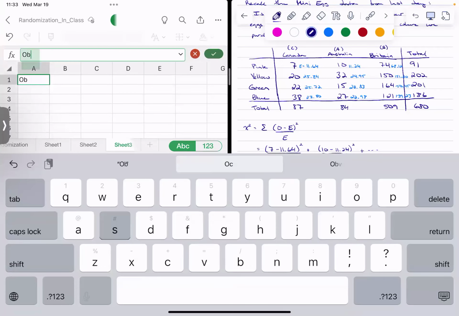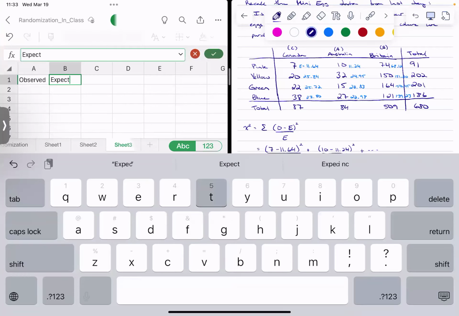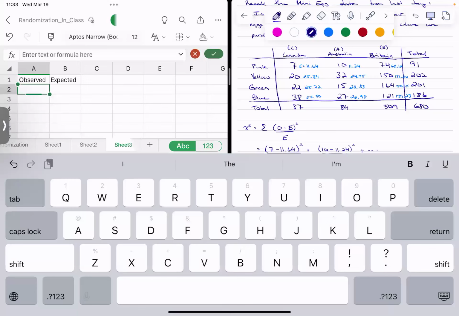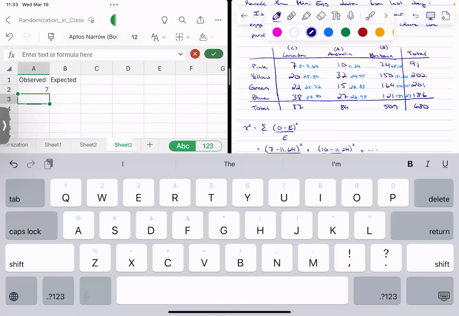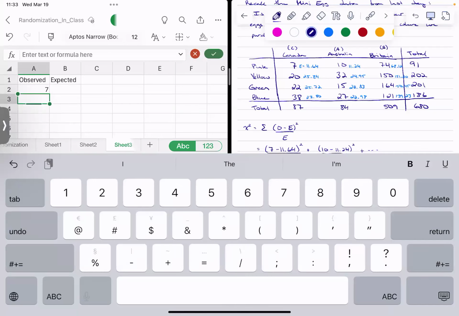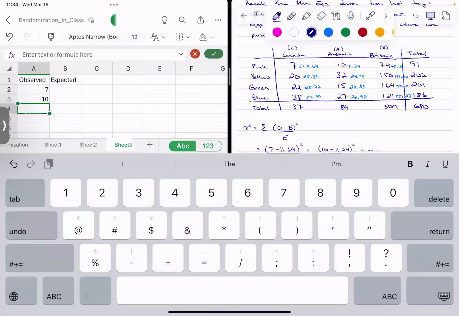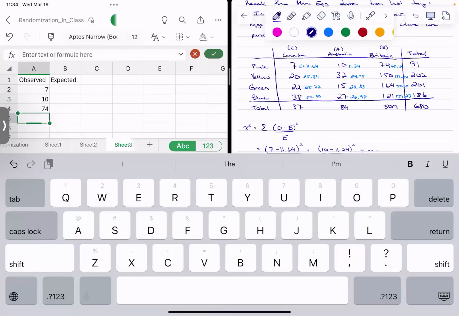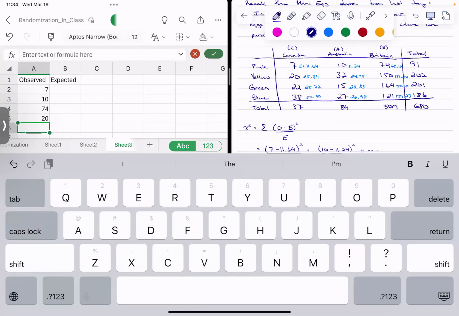This is going to be my observed, and this is going to be my expected. I'm going to jot them down: 7, 10, 74, 20, 22.